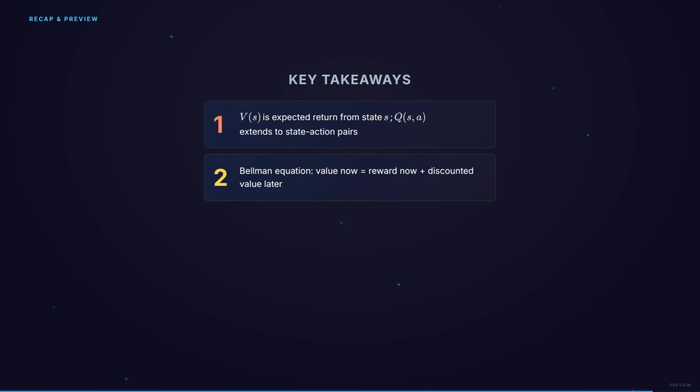Value now equals reward now plus discounted value later. This recursive structure is the backbone of RL. Third, optimal value functions V star and Q star represent the best achievable performance. The Bellman optimality equation replaces the policy average with a max.